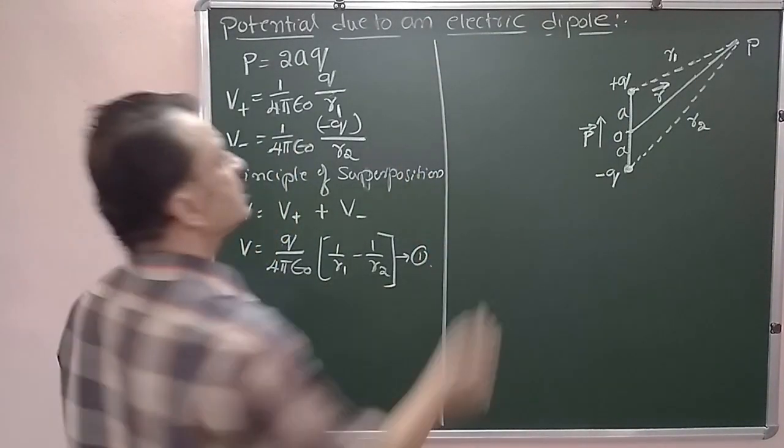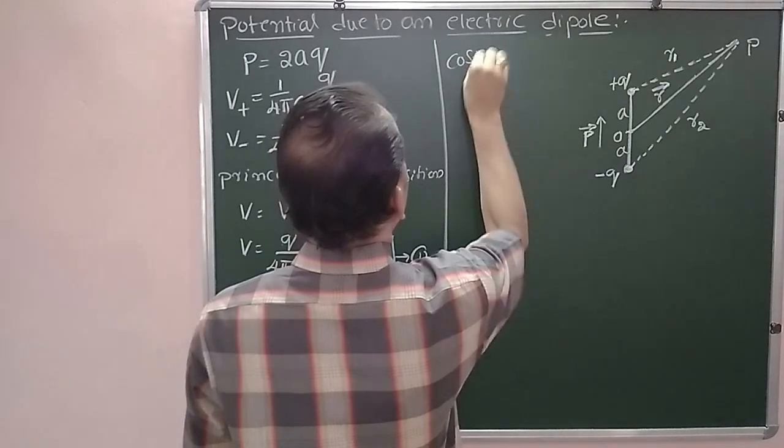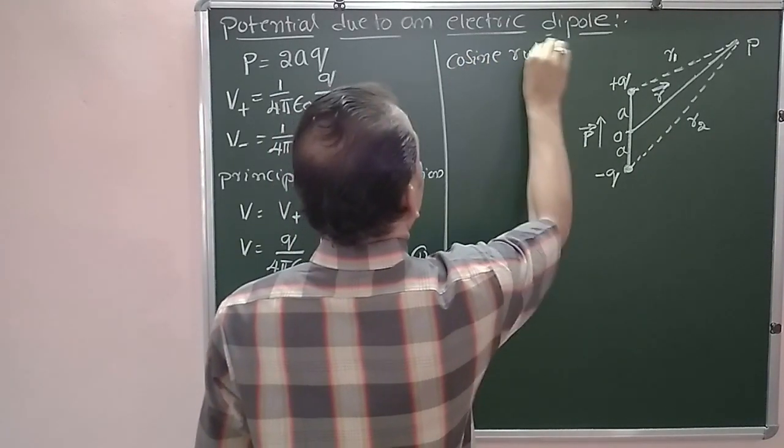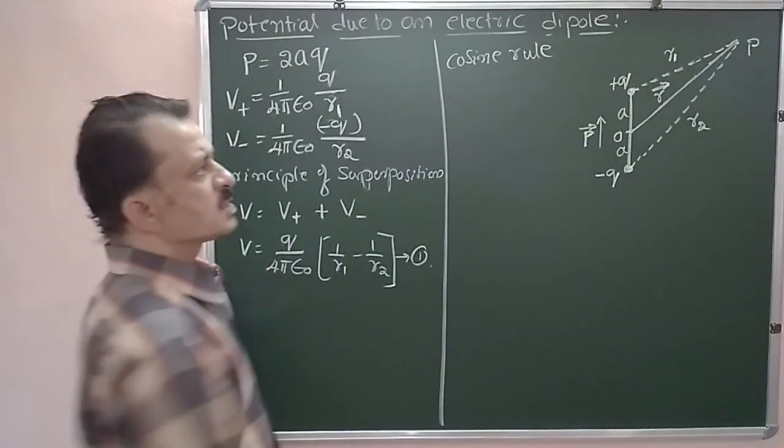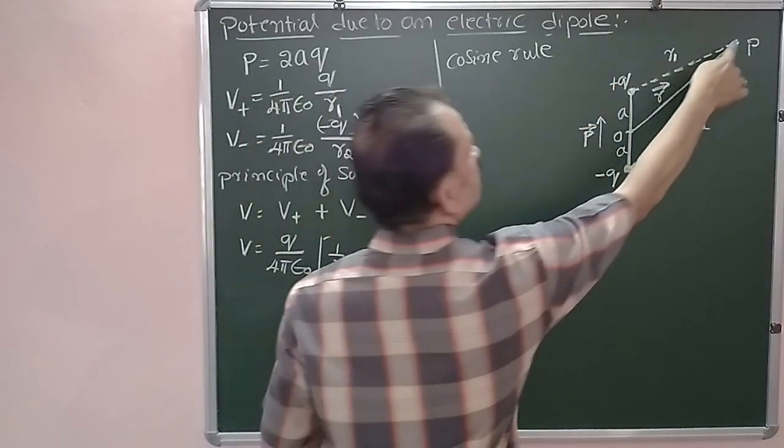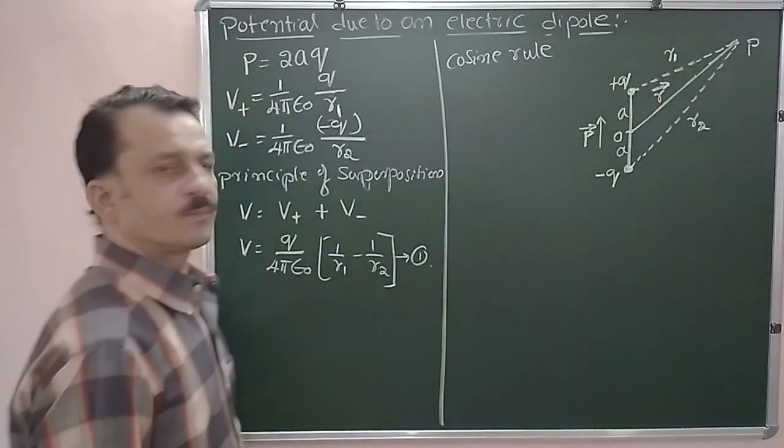Now make use of the cosine rule. Consider this triangle first, containing r1.